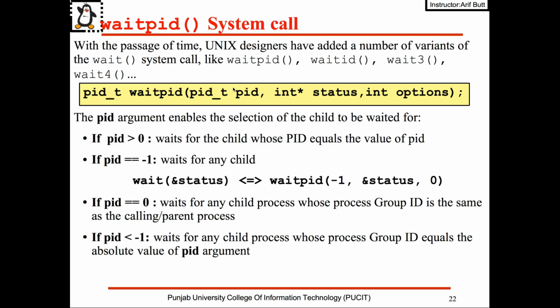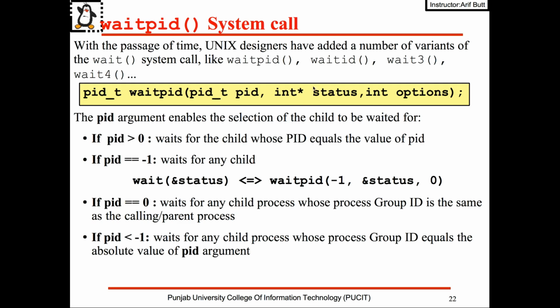And if we give a 0 over here, that means wait for any child process whose process group ID is the same as the calling process. And if we give something less than -1, suppose I give -54 over here, that means wait for any child process whose process group ID equals the absolute value of this argument. Okay, so this is the first argument.